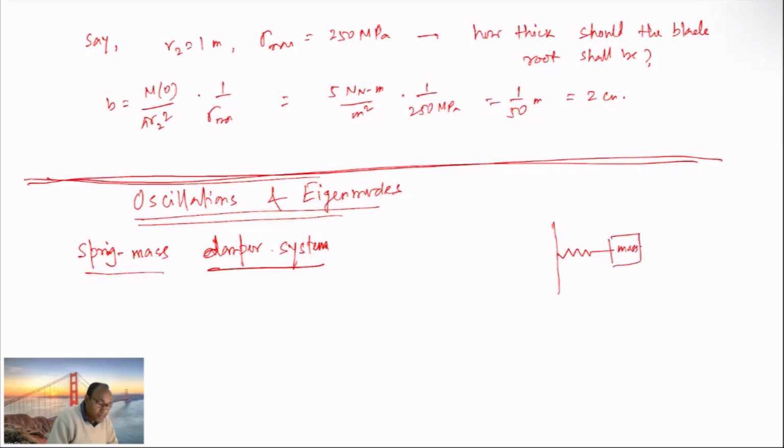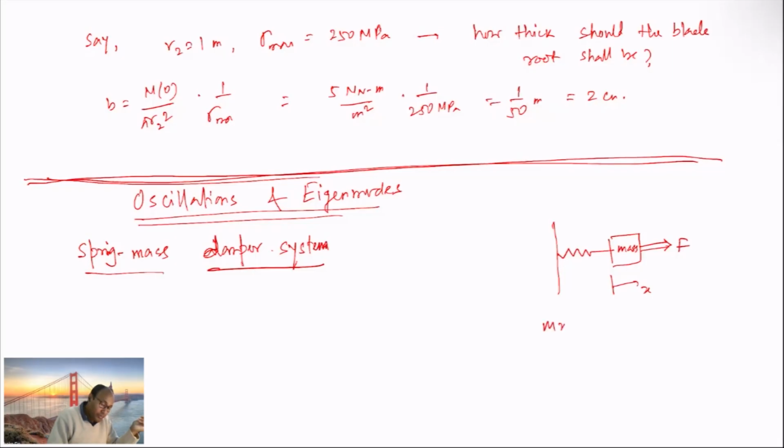This is the mass, and this is where the force is applied. When the spring is exposed to an external force, the body actually oscillates. This is a typical fundamental vibrational analysis.